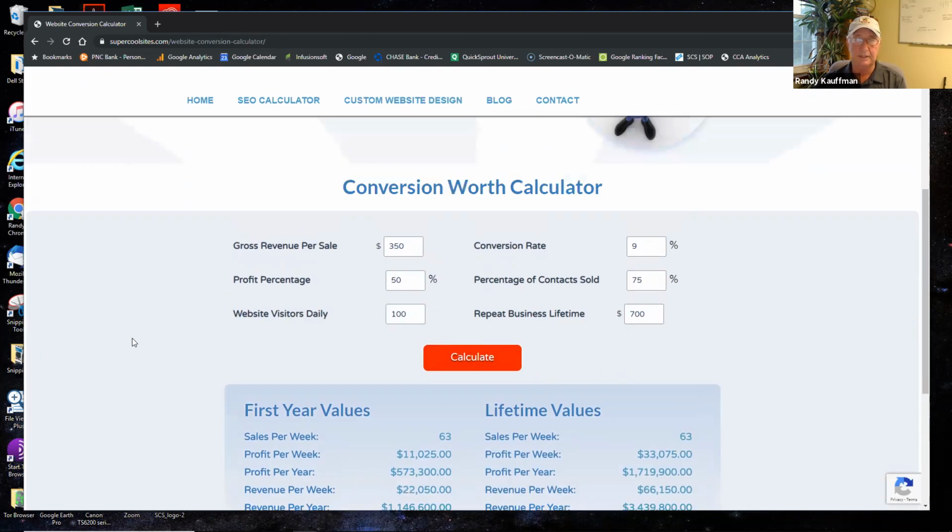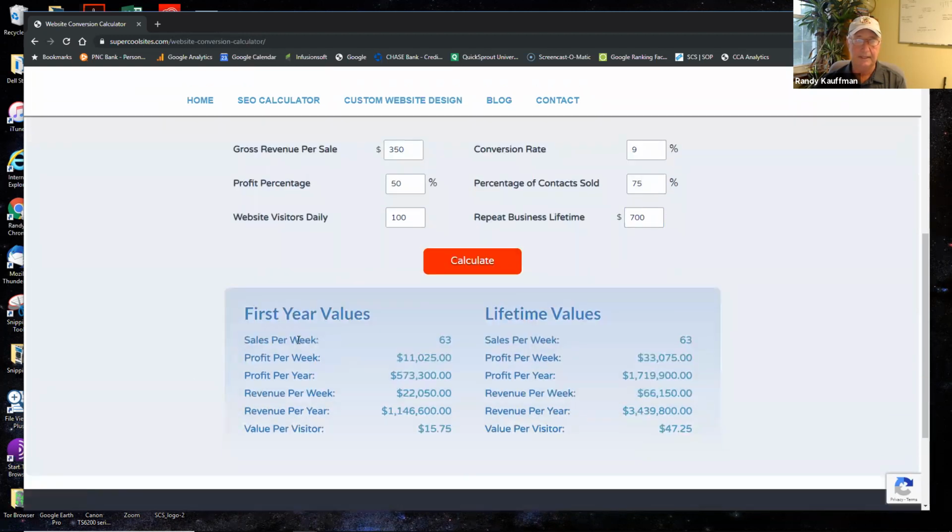With these numbers, they're getting about 63 sales per week. Their profit per week, $11,000, profit per year, $573,000, revenue per week, $22,000, revenue per year, $1.1 million. Value per visitor, $15.75. That's for the first year.